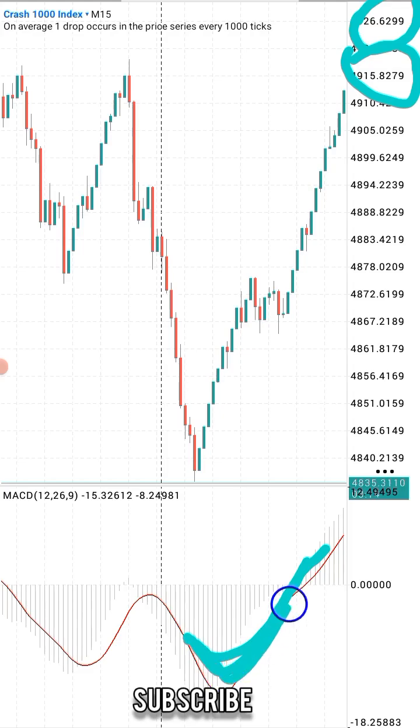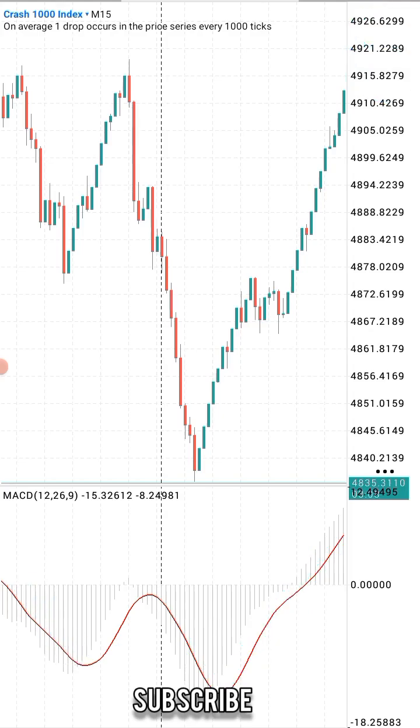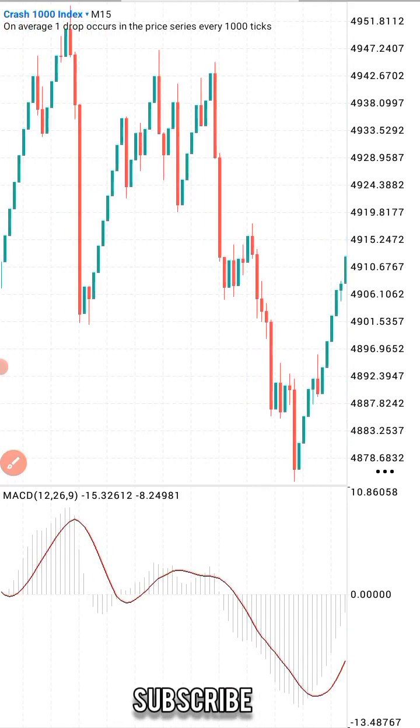When there is a cross up, it signifies an uptrend, and when there is a cross down, it signifies a downtrend. For example, there is a cross. It signifies a downtrend. Now, when the MACD line crosses below the signal line and the histogram turns its color, it indicates downtrend momentum.